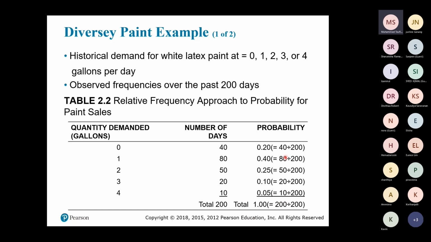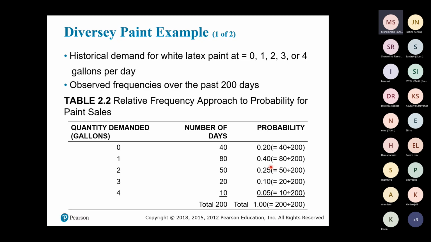So what do these numbers mean? Let me show you the reason. Why do we calculate the probability? Because we can use it to predict. From the history of people buying from you, you can predict there is a 40% chance that people will buy 1 gallon of paint. It means that if you open your shop for one day, it is 40% sure that people will buy 1 gallon.